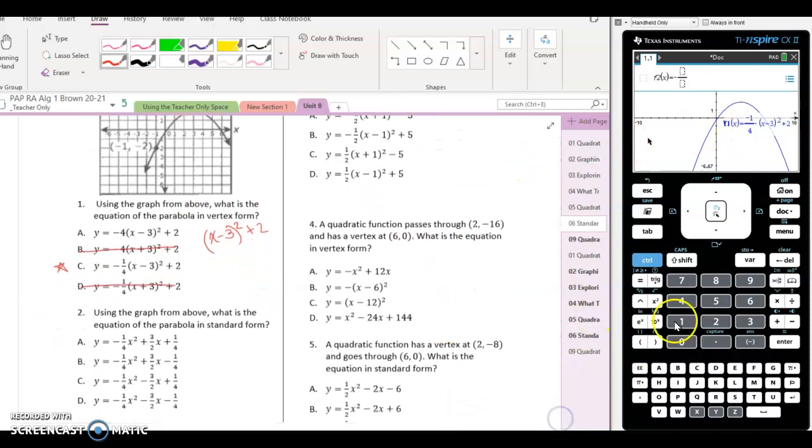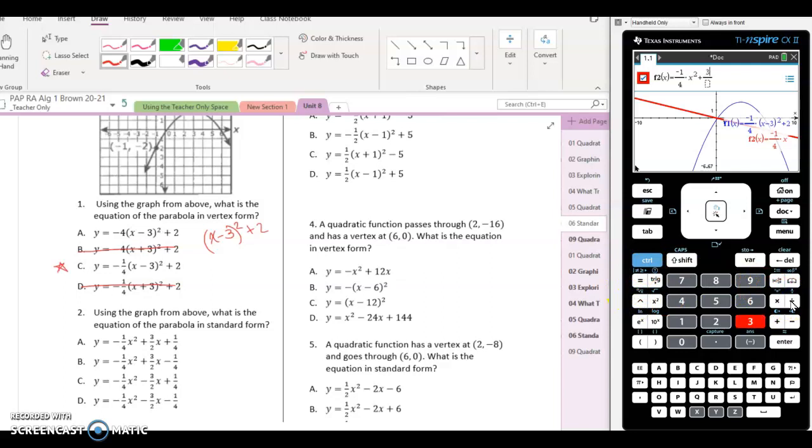Going down, negative 1 over 4, x squared, plus, control divide.